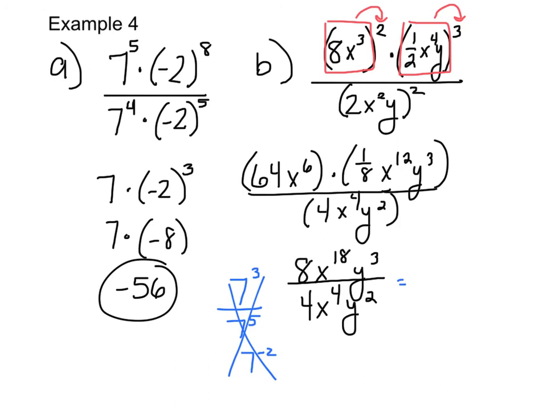And that's going to give me 8 divided by 4, which is 2. X to the 18th divided by x to the fourth, we subtract the powers and get x to the 14th. Y to the third divided by y to the second gives me y. So that entire problem simplifies down into 2x to the 14th y.